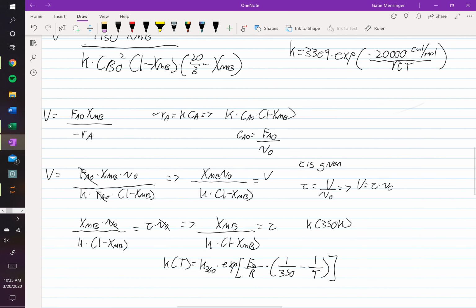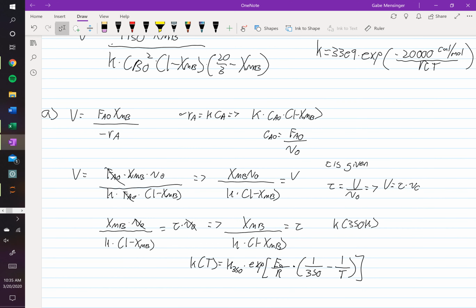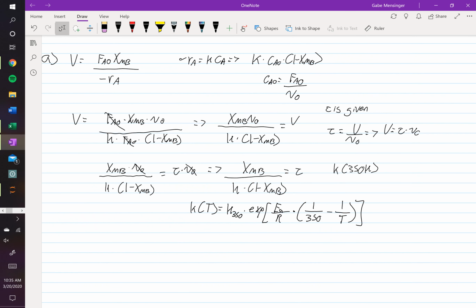I sometimes get it backwards. Hopefully that equation is familiar to you. But that's all we need for our mass balance.